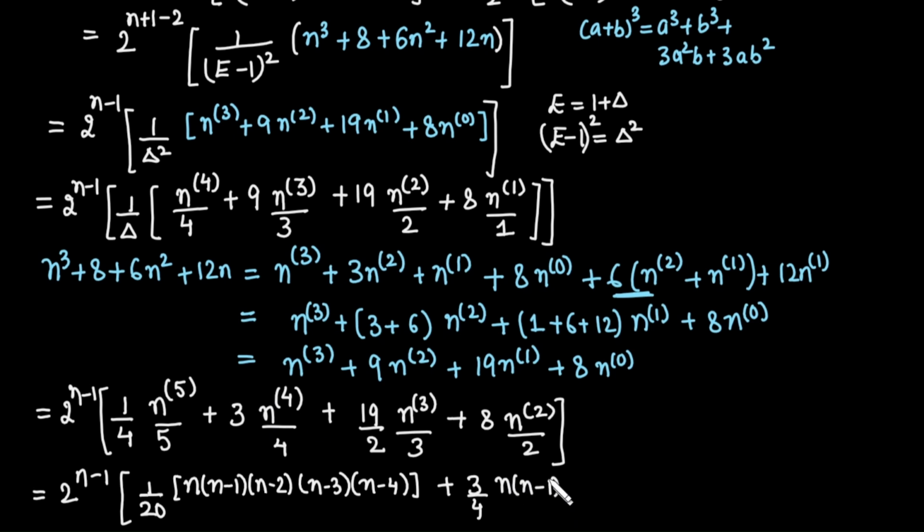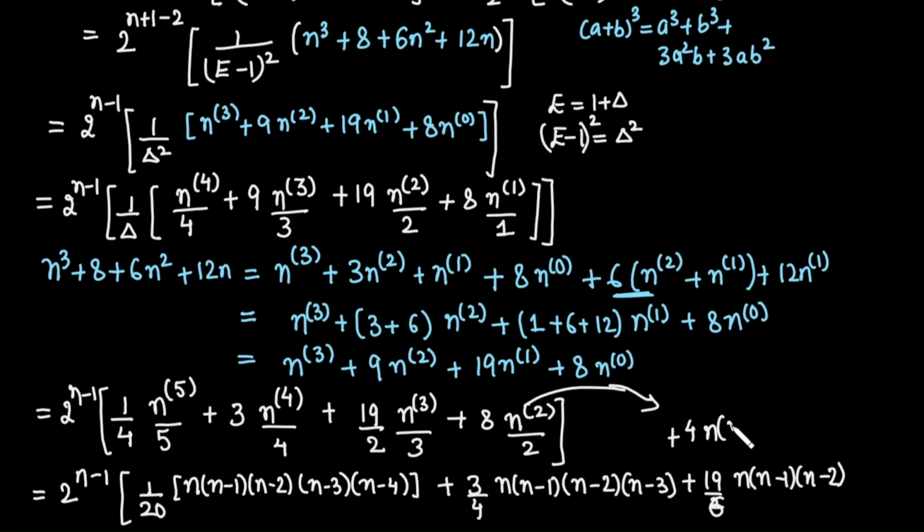That is, first term is n, second term is n minus 1, next term is n minus 2, and the fourth term is n minus 3, plus 19 by 2 into 3, that is 6. N raised to power 3 factorial polynomial is n, n minus 1, n minus 2. And the next term is plus 4, and this is replaced by n minus 1, and this is the final particular solution in this case.